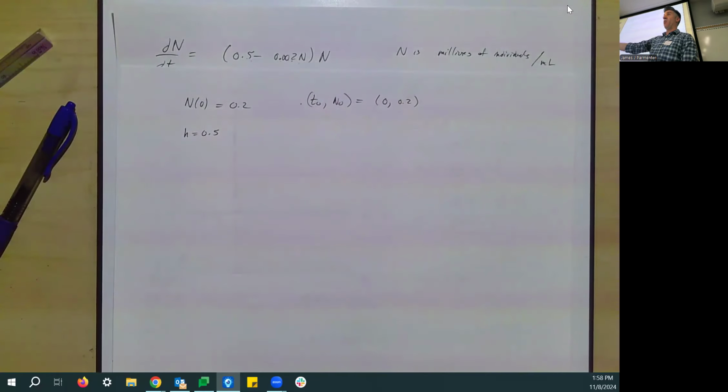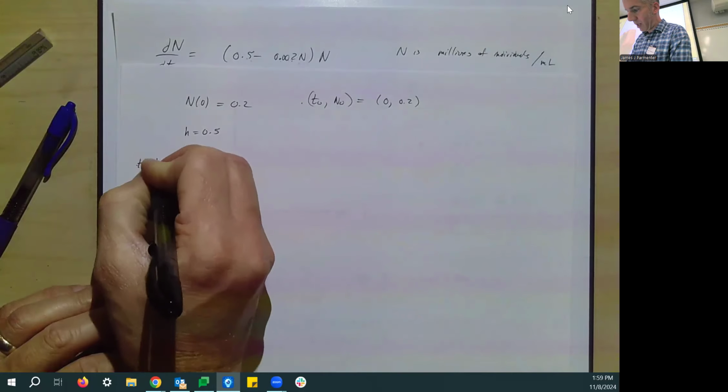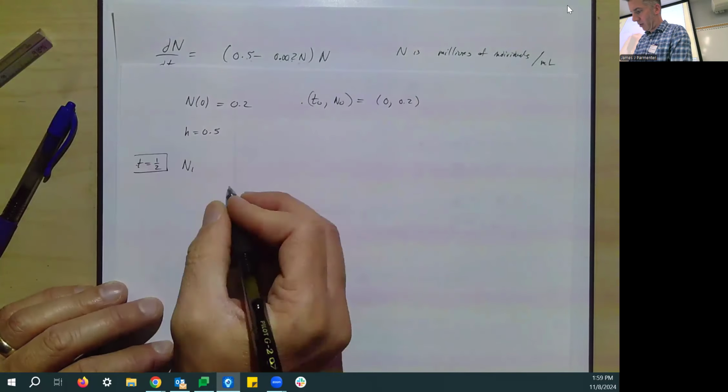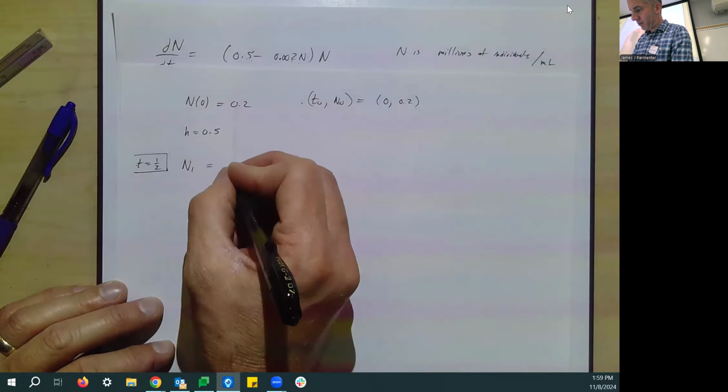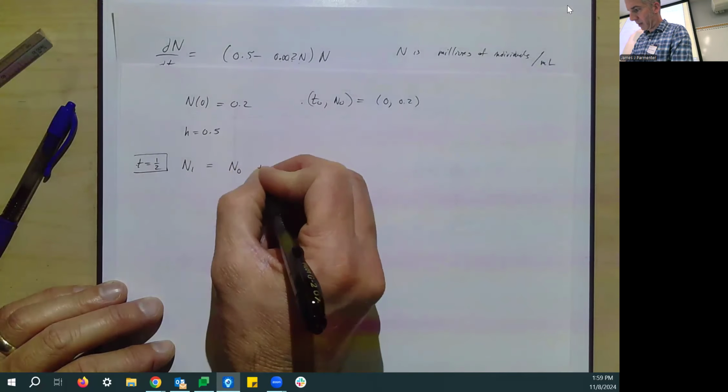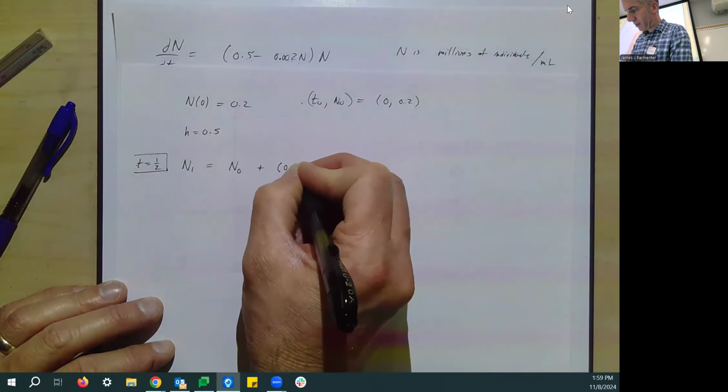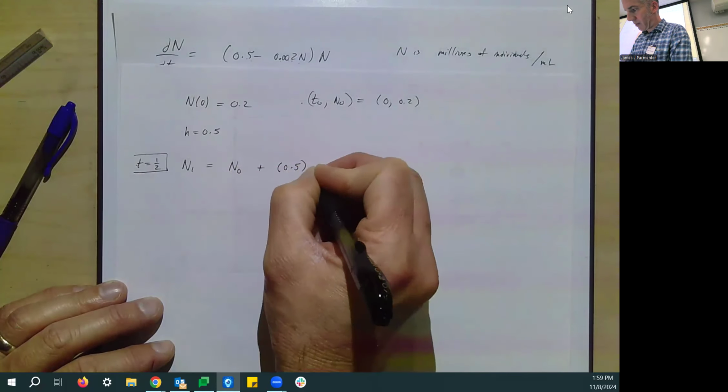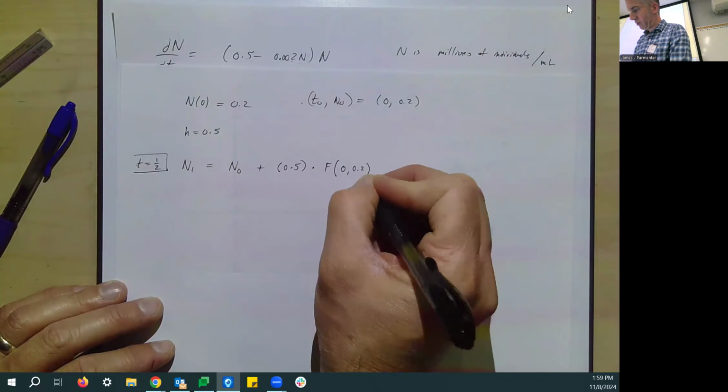So if I was going to find the next one here, my n1 when t equals 1/2 is going to be my old n value plus my step size times my f of 0 comma 0.2.